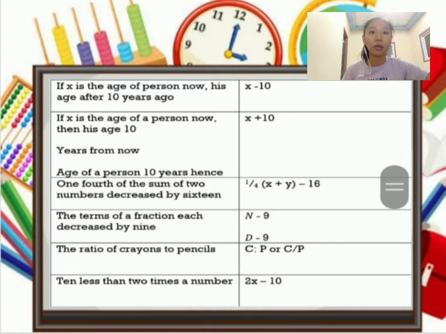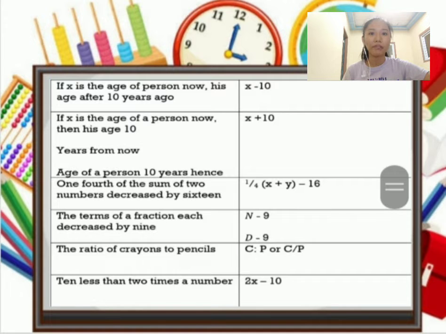So we have here also 1/4 of the sum of two numbers decreased by 16. So 1/4 quantity x plus y minus 16. We have here also the terms of a fraction, each decreased by 9. So d minus 9.